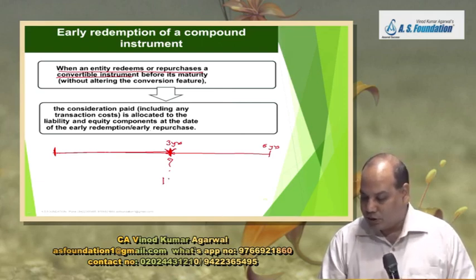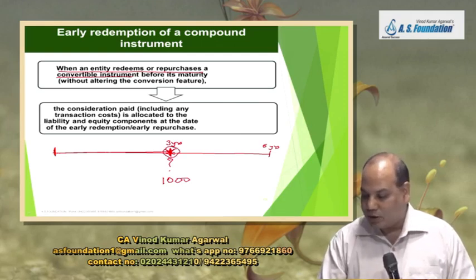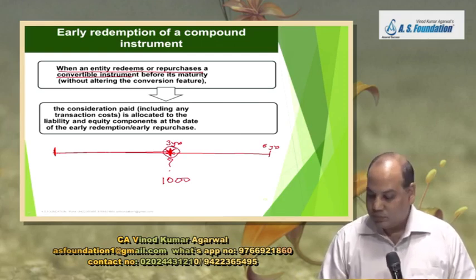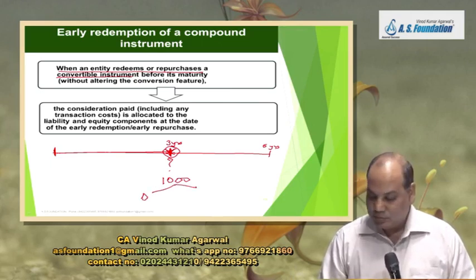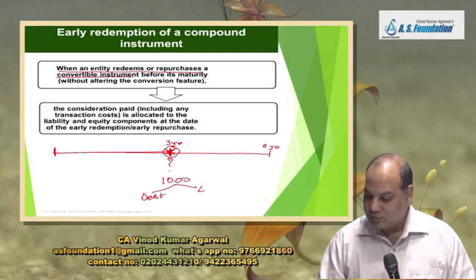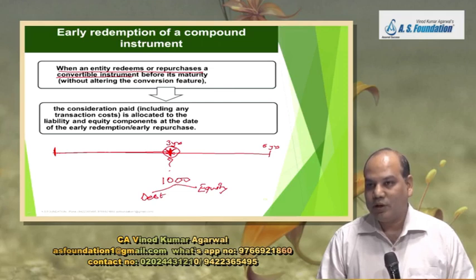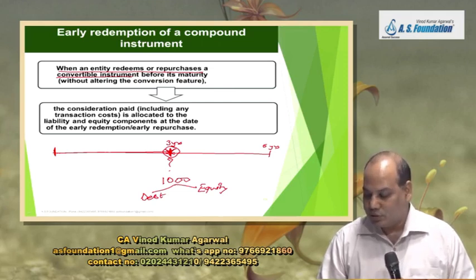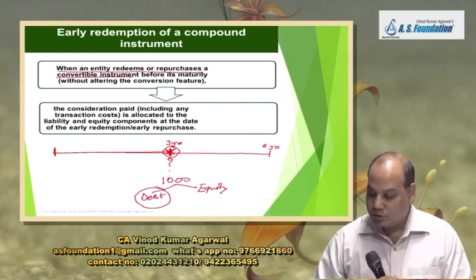Suppose the company tells the investor, you take this 1000 rupees and we are cancelling the liability. This 1000 will be apportioned between the debt portion and the equity portion. Debt will be transferred to the debt component, and equity to the equity portion.